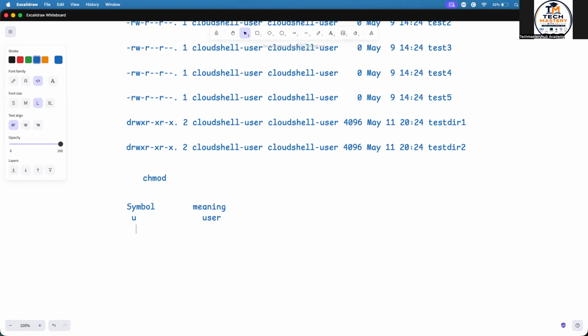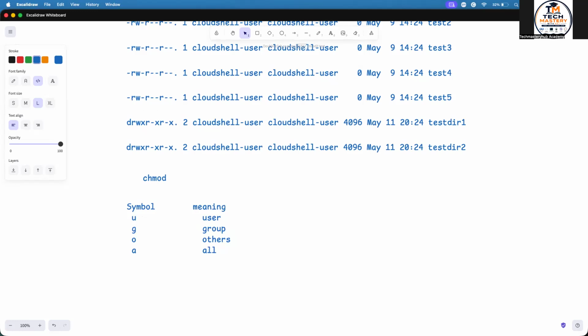If the symbol is G, that means group. If the symbol is O, that is other. And if the symbol is A, that means all.